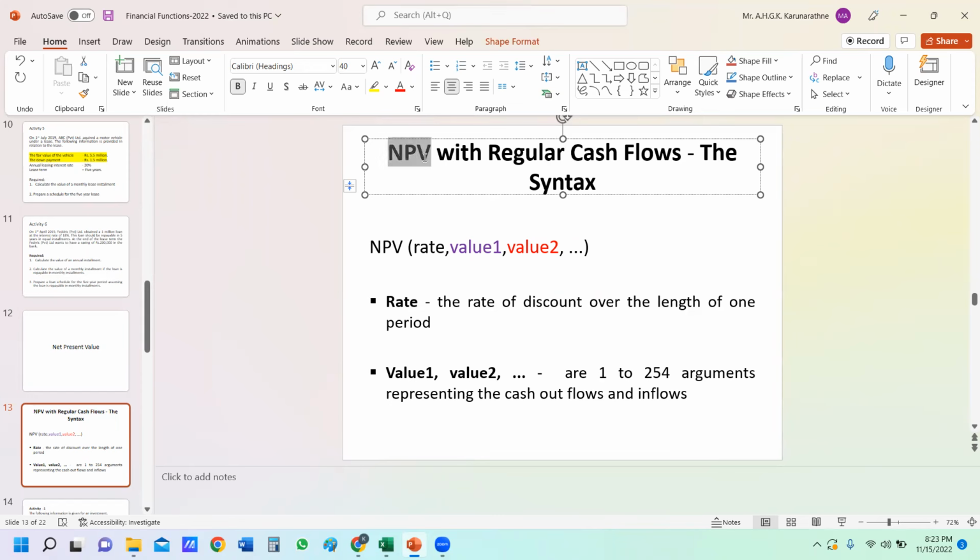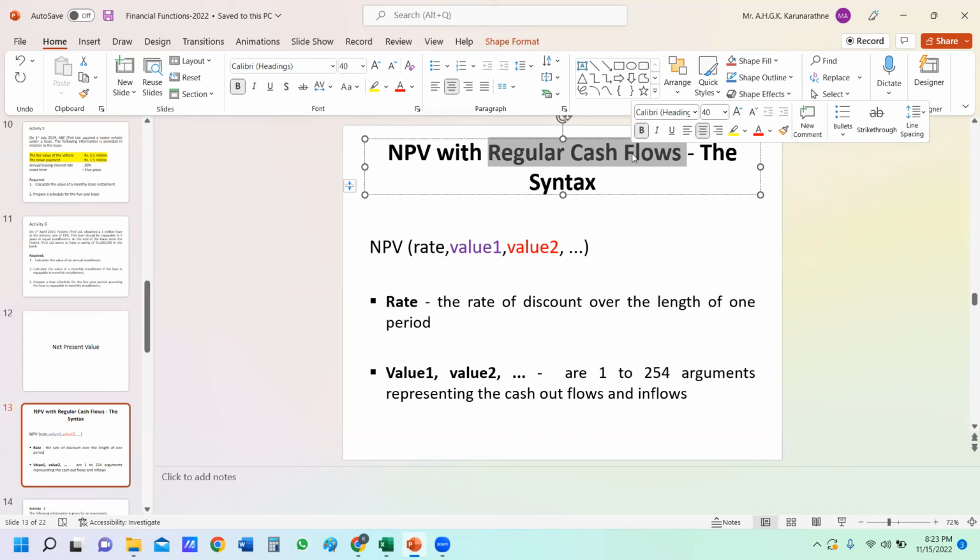This NPV formula lets you compute the net present value for a project with regular cash flows. What is meant by regular cash flows? It means it is assumed all the cash flows occur at the end of each period.